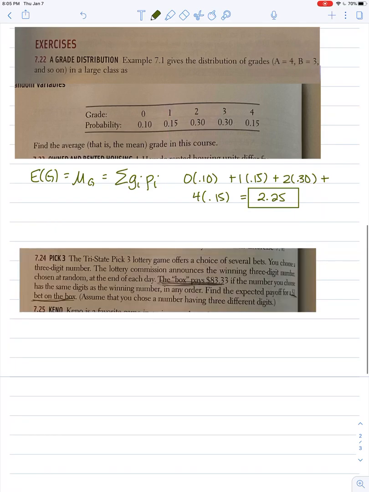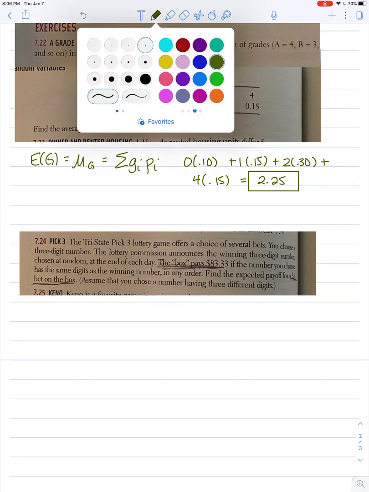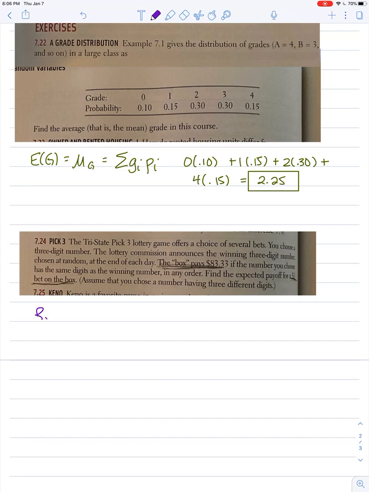Okay, I'm going to do one more example. So this one's about the lottery and winning. And this time the random value X is going to be the payoff. And that's without the cost. So it's how much you actually win. So since it's a 3-digit number, there's 1,000 combinations of a 3-digit number.